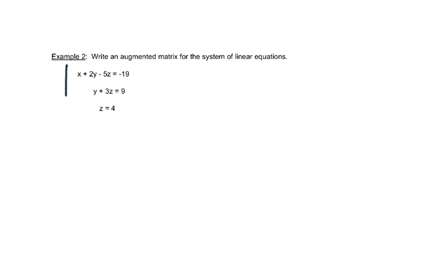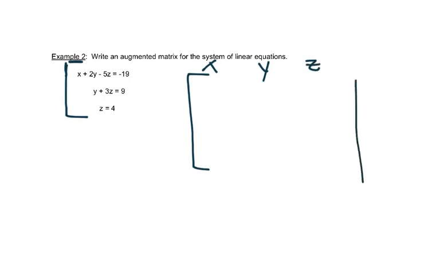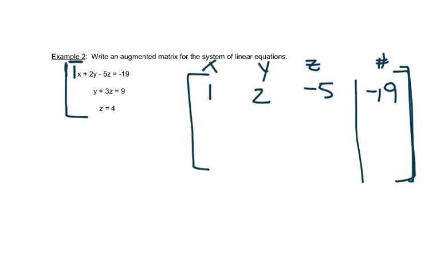Okay, so this is another chance to do the same thing. We have these equations that we're solving together. And so we're going to write our augmented matrix. Remember that we have x's and then y's and then z's, a vertical line, and then our number, and then another bracket. So there's a 1 in front of the x in the first line, a 2, and then a negative 5, and then negative 19 over here by itself. Now in the next equation, you notice that there's no x.